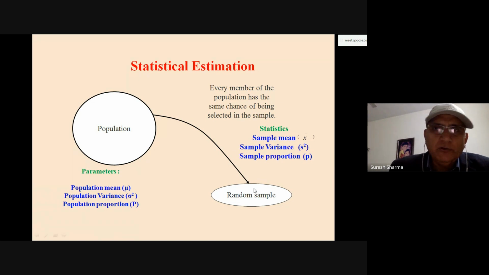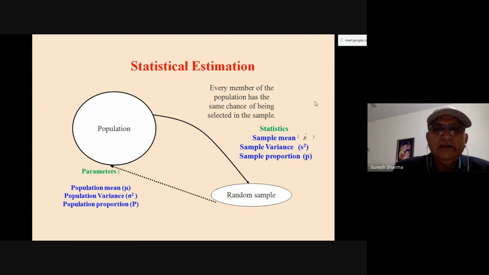If you are taking an appropriate sample size and have used the appropriate sampling technique, you will expect that the sample mean X bar will be an estimate of the population mean mu. Similarly, S square will be an estimate of the population variance, sigma square. And small p, the sample proportion, will be an estimate of the population proportion. Hopefully you will agree, provided you have taken a representative sample out of the population.